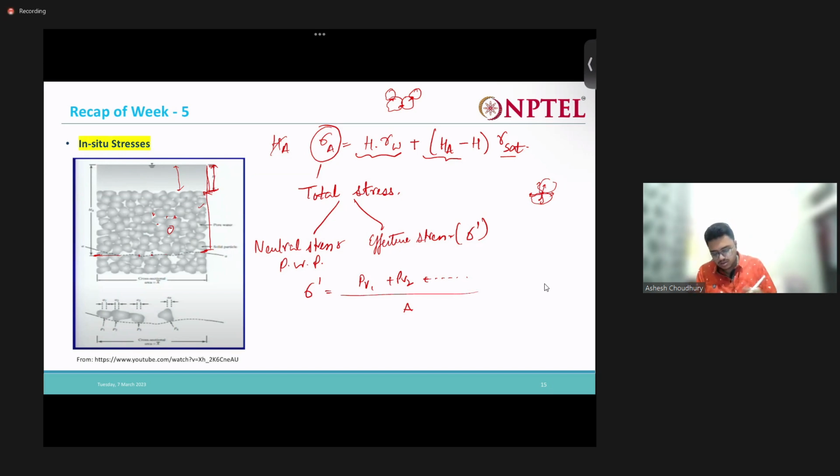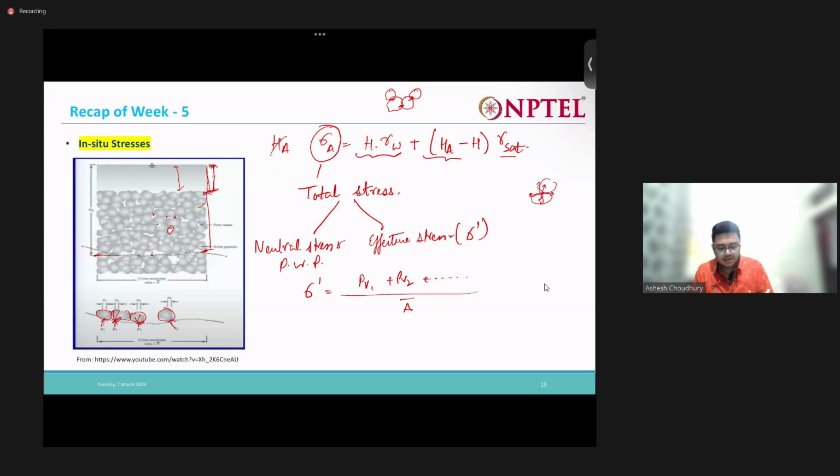So here we have the soil grains, and at the contacts, these are the forces that are acting. These are the contact forces between two grains: P1, P2, P3. These are all the contact forces. Now all these contact forces will have some vertical component, right?